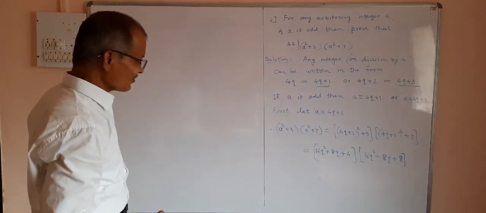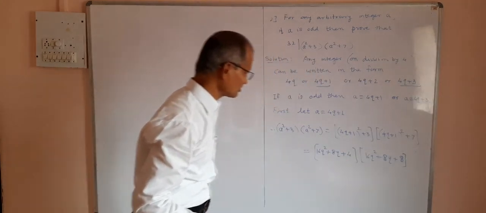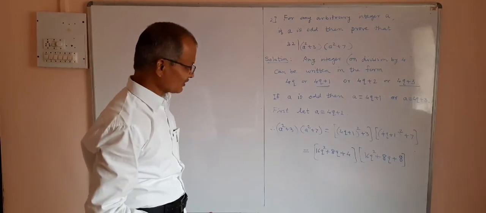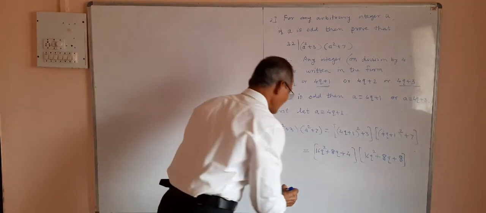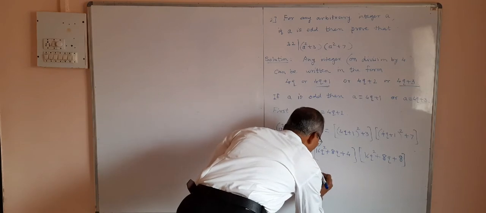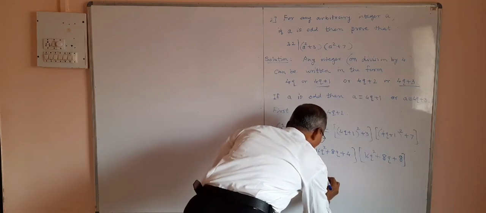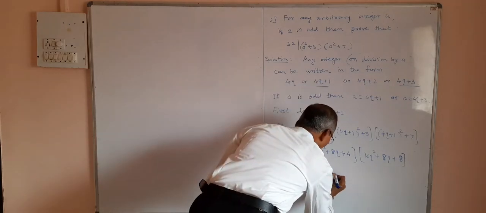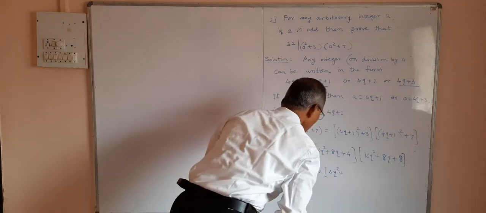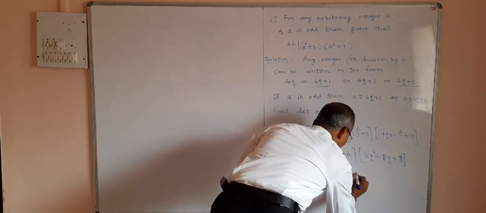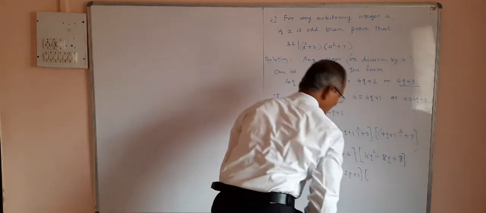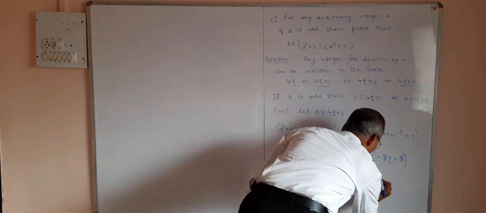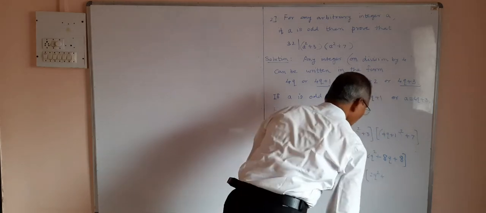Now you may see that from the first bracket 4 can be taken common, and from the second bracket 8 can be taken common. So the common term is 32 into brackets. Here 4 is taken common, and in the bracket 4q square plus 2q plus 1, and in the other bracket, after taking 8 common, 2q square plus q plus 1.